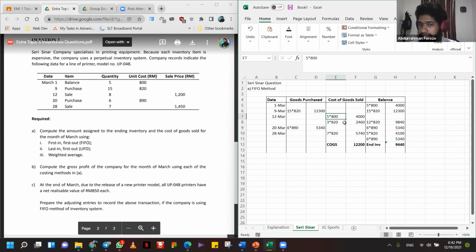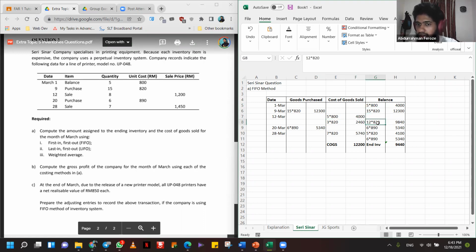From the 8 printers sold, 5 were sold from the beginning inventory, the older printers. And then the remaining 3, because they sold 8 in total, they sold from the second batch of 15 printers. So the cost of goods was 5 into 800, because that was cleared out, and the remaining 3 were sold at the cost of 820. And that's how we got the cost of goods here, right?